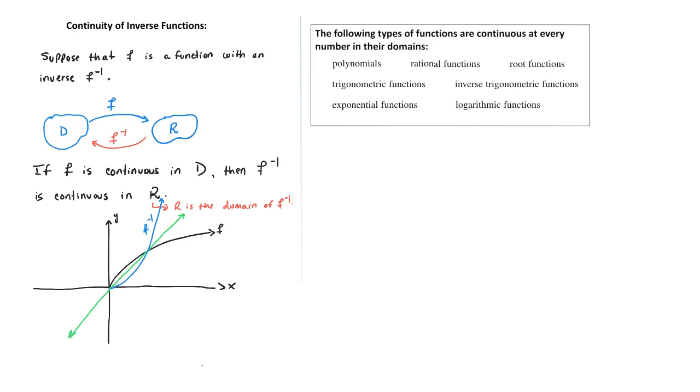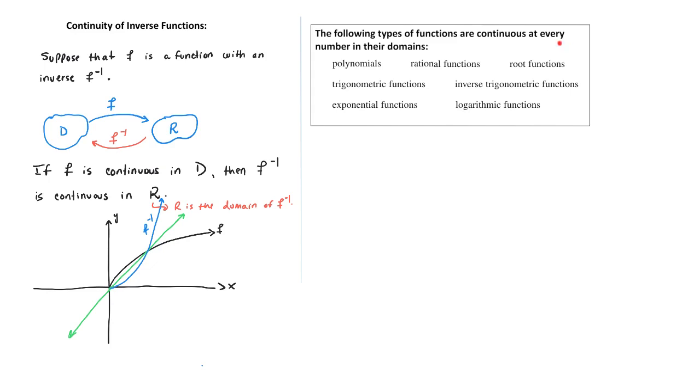The reflection will continue being a beautiful, smooth graph with no jumps, no holes, and no infinite discontinuity, because you're only doing a reflection about a linear function. So in that sense, this result right here is pretty straightforward. So now you know every function and its inverse behave similarly. If f is continuous, its inverse is going to be continuous as well. So you can always make that assumption.